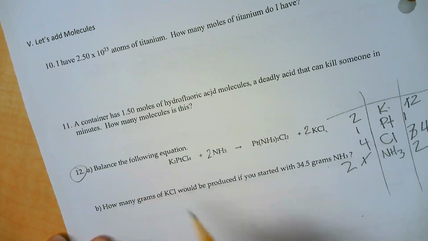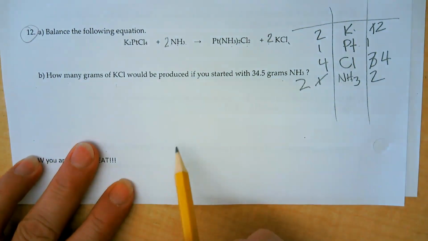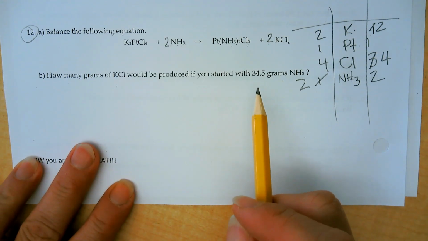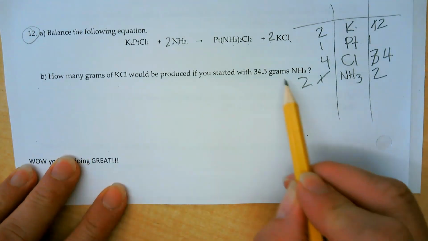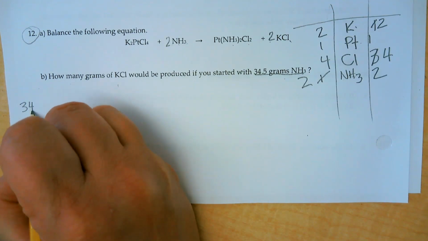So, check. How many grams of KCl will be produced if you start with 34.5 grams of NH3? Ooh, so we're going from grams of NH3. This is what we have.